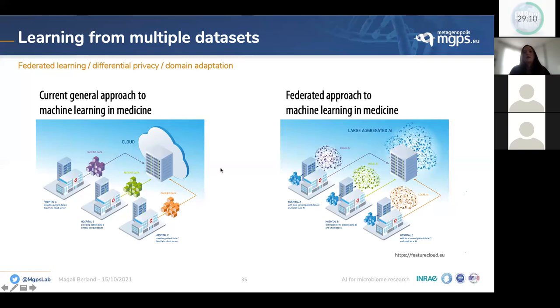And so one really active research area is the federated learning approach, where instead of gathering all data at only one place, the federated machine learning approaches propose to share only the parameters of the models. So the data stay at their original location, and only the parameters of the model are shared and optimized in an iterative way in order to build this machine learning model without sharing any data between the different places.